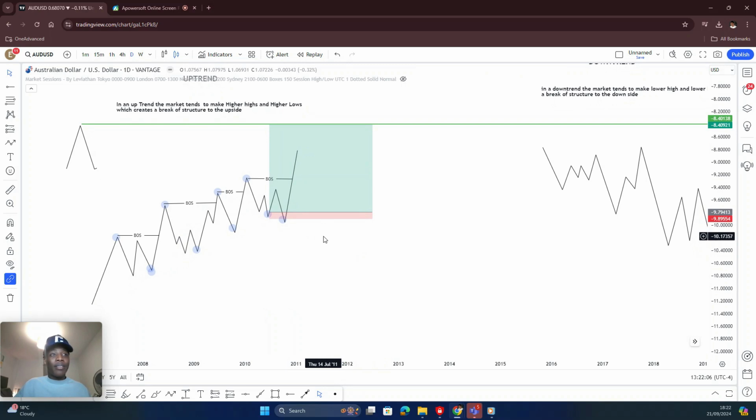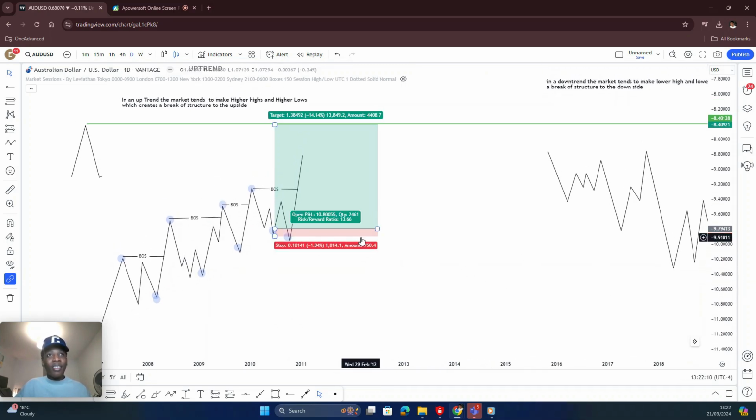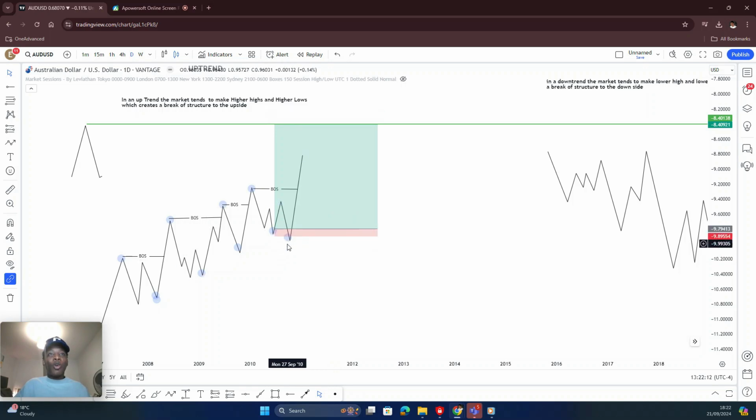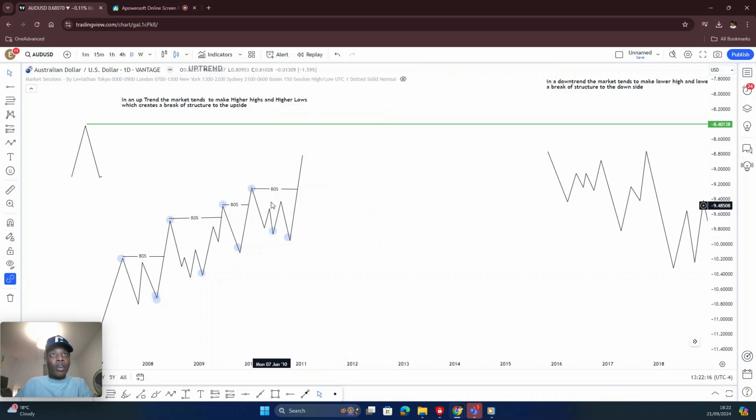Trust me, I've been there, experienced it, done that. So always mark the point that led to breaking the recent V-shaped reaction. If that point doesn't create a break of structure, then that is not your valid higher low or your valid lower high in the downtrend perspective, right?